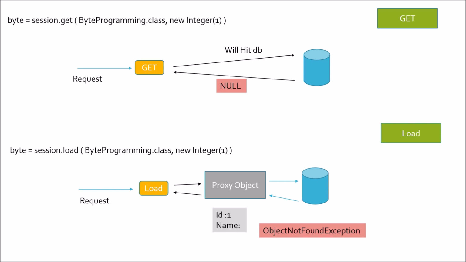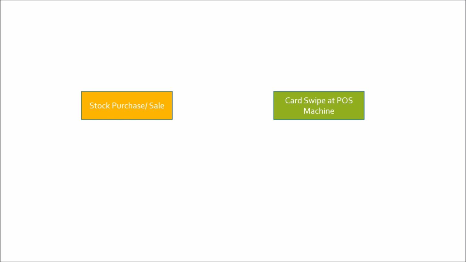So with respect to the practical approach, let's look at two scenarios. First is stock purchase and sale, and the other is card swipe at a POS machine. In the case of stock purchase and sale, whenever you purchase or sell a stock, consider it as a transaction.